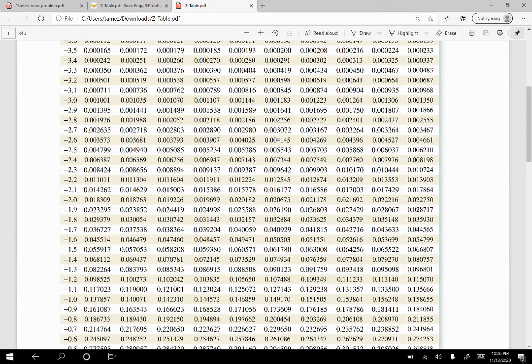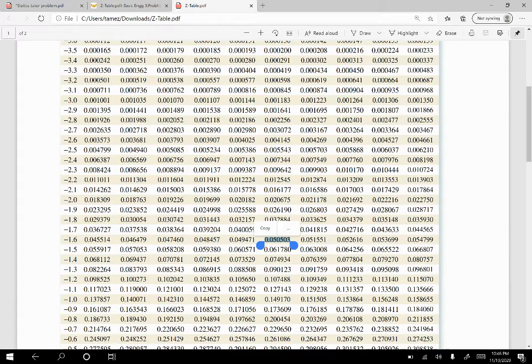So that's going to be right here. This is our closest value to 0.05. So this puts us at negative 1.6.